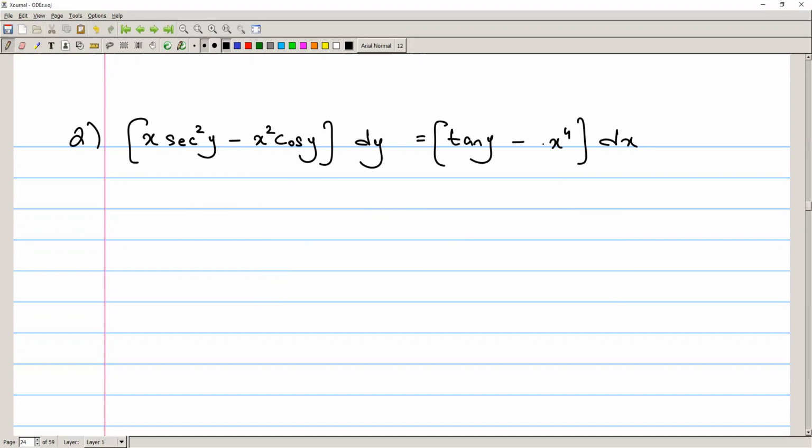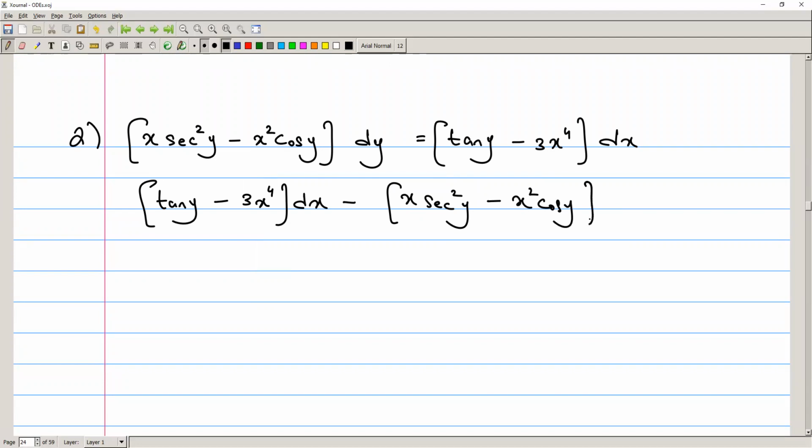Now, first of all, what we need to do is arrange the equation accordingly, to make it compatible with the original form. So it will be (tan y minus 3x^4) dx minus (x sec squared y minus x squared cosine y) dy is equal to 0. Now check whether ∂M/∂y is equal to what and ∂N/∂x is equal to what, right?